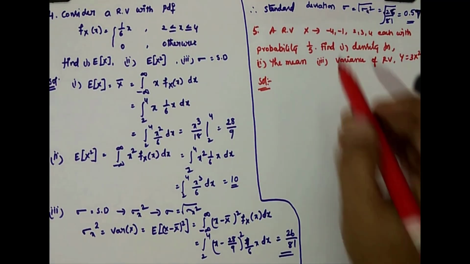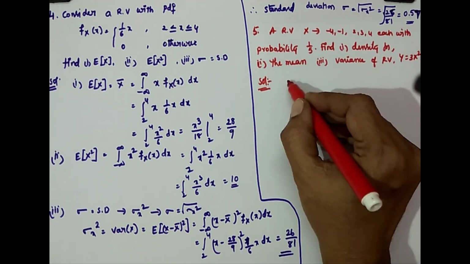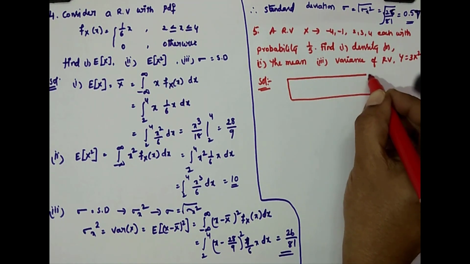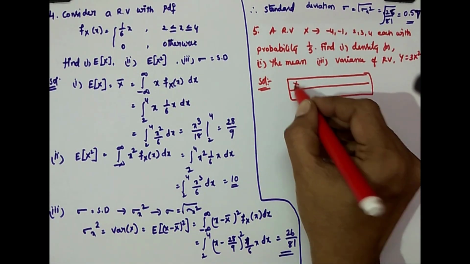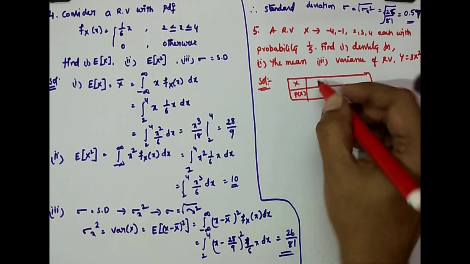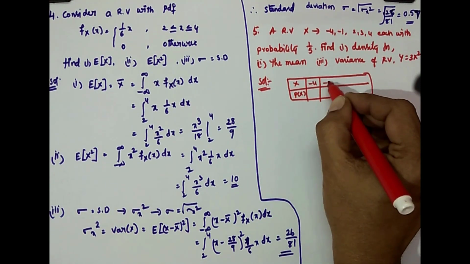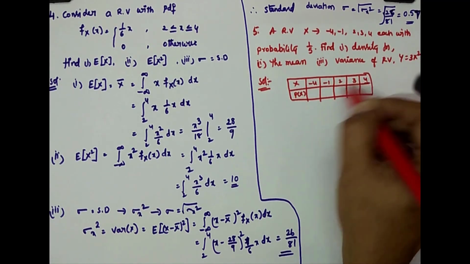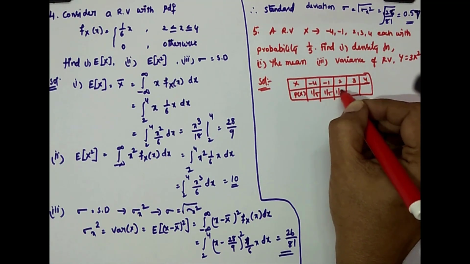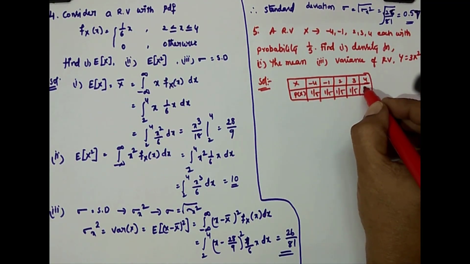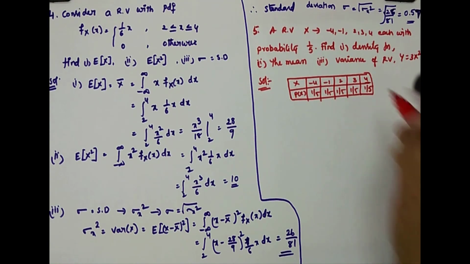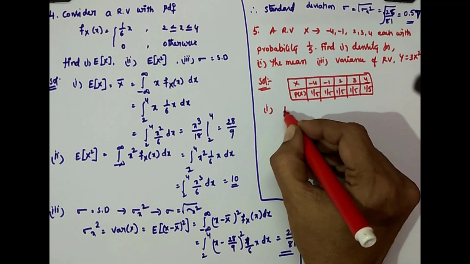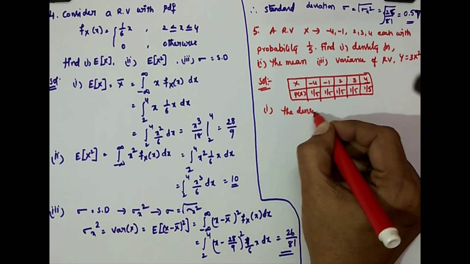We'll form a table for the given random variable values and the probability. x, p of x: -4, -1, 2, 3 and 4. All the probabilities are 1/5. Then first you'll see the density function.